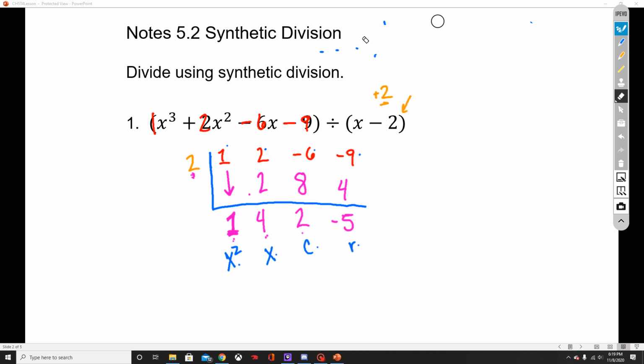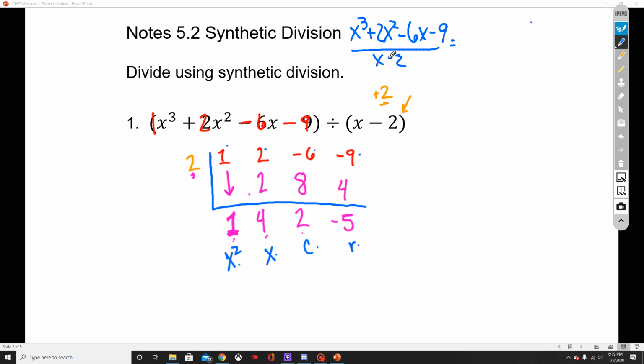All right, well, what that tells us is that if we do the division, x cubed plus 2x squared minus 6x minus 9 divided by x minus 2, that was the original problem.